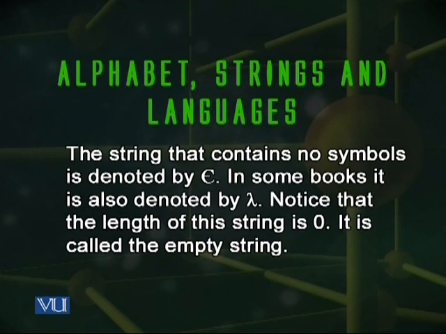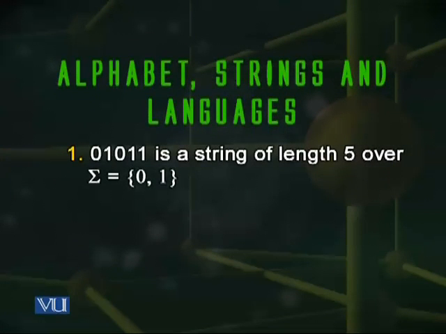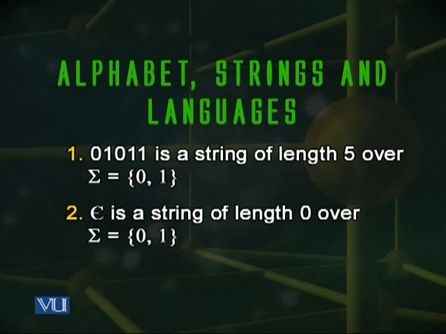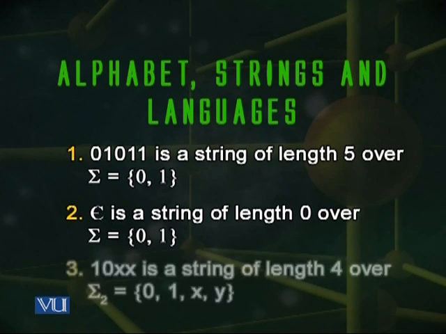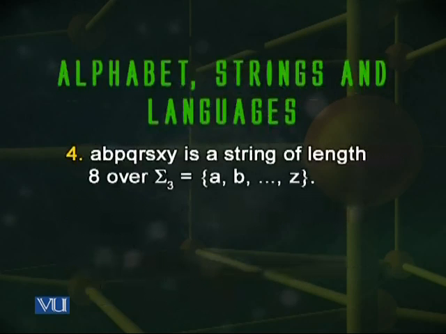Let us look at some other strings. For example, 01011 is a string of length 5 over the alphabet 0, 1. The empty string is also a string of length 0 over the same alphabet. 10XX is a string of length 4 over the alphabet sigma 2, which consists of 4 symbols 0, 1, X, and Y. ABPQRSXY is a string of length 8 over the alphabet sigma 3, which consists of the 26 letters of the English alphabet.